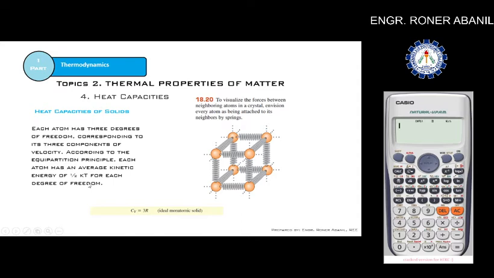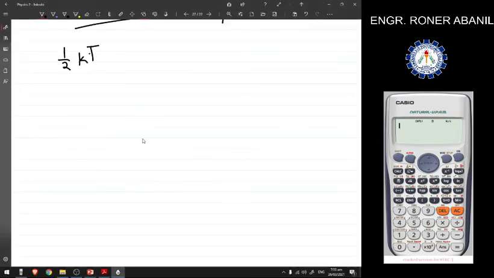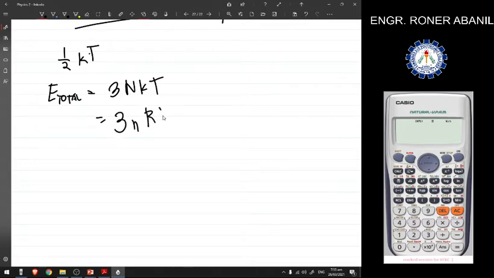So, if the crystal contains n atoms or n moles, its total energy becomes E total, which is equal to 3nkT, or 3nRT.